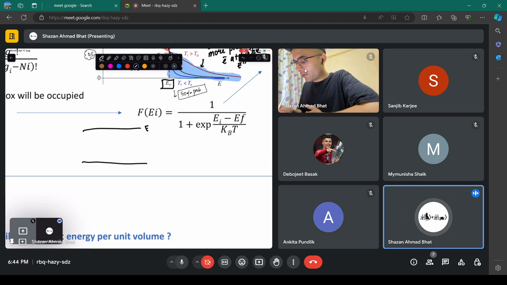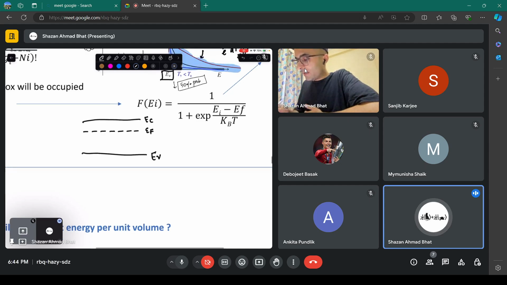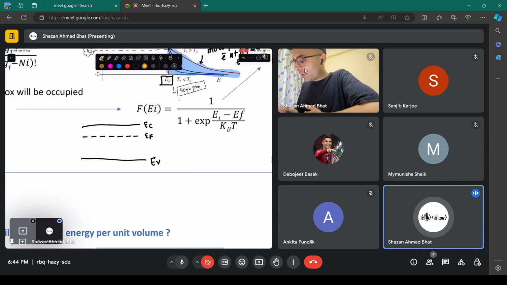If you have a conduction band and a valence band, and let's say you have the Fermi level somewhere like this, then as per this definition, there is a 50% probability of finding electrons. That means there should be 50% probability of finding electrons here.